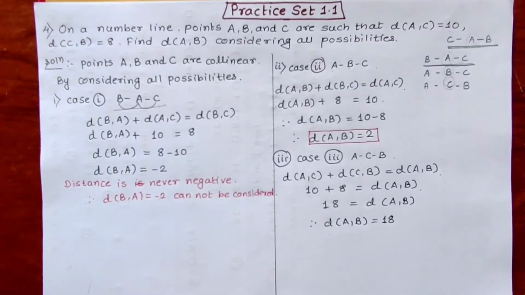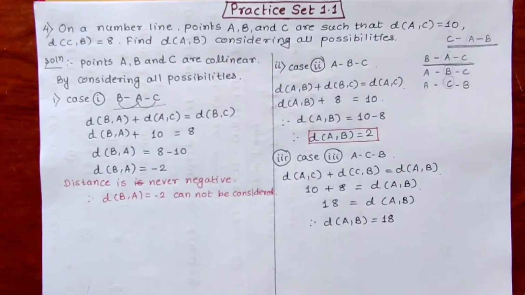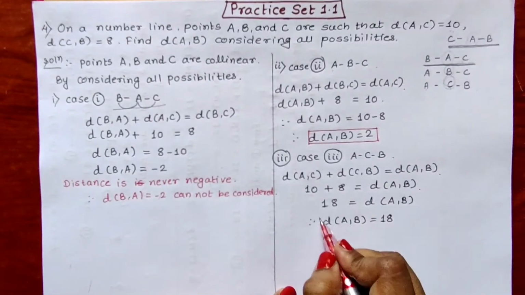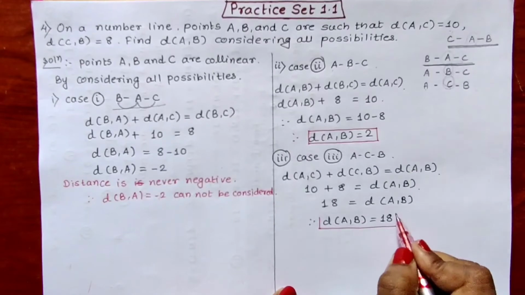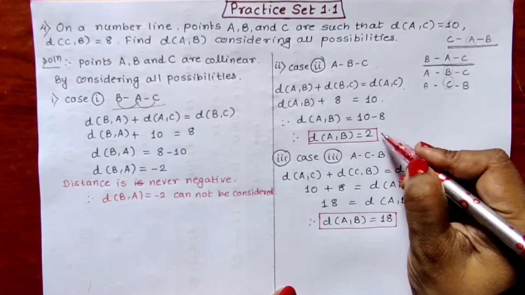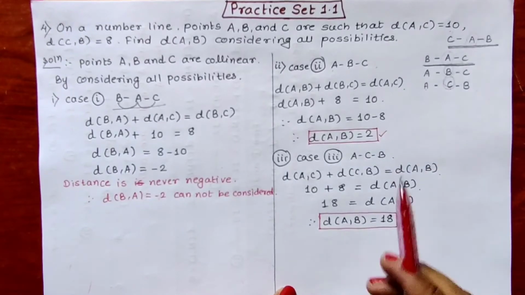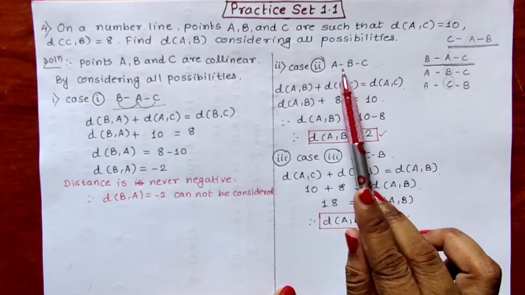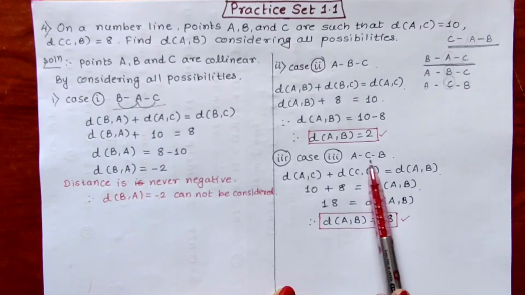We are getting a positive answer. Distance is always positive. We all know that distance is never negative. So this case also can be considered. This is also one of the possibilities. So there are two possibilities: point B is in between A and C, and point C is in between A and B.